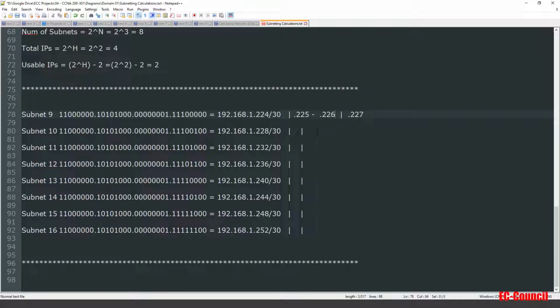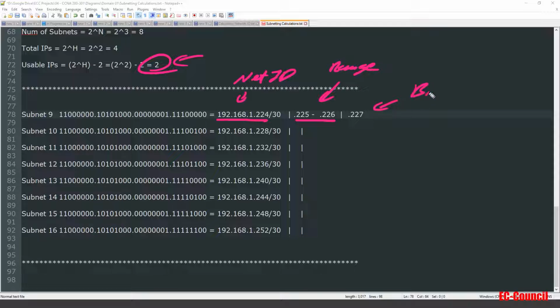And take a look at this. Remember, we only have 2 usable IPs. These are the 2 usable IPs for this network ID. So here we have the network ID. These here are the range. And this one is the actual broadcast.